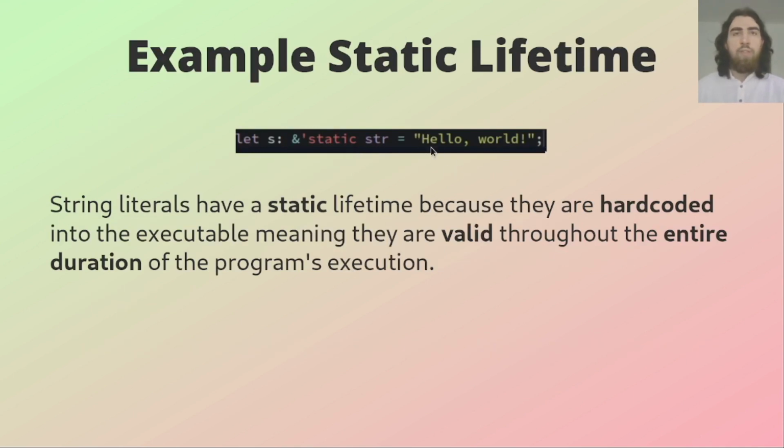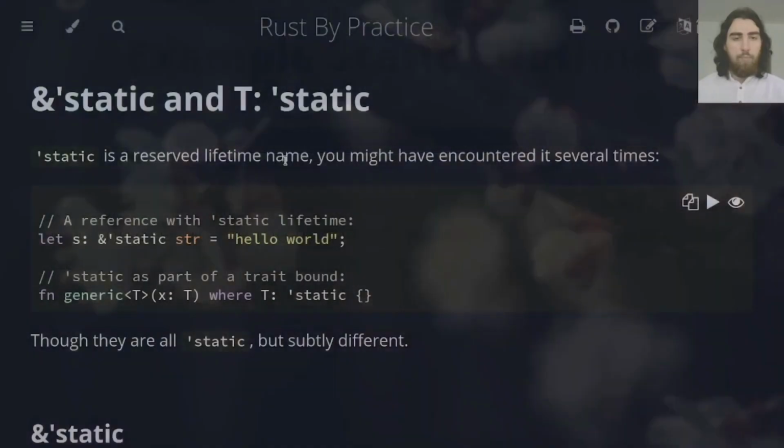So we have seen string literals and they are usually annotated using an ampersand and str, but implicitly it would have a static lifetime. So string literals have a static lifetime because they are hard-coded into the executable, meaning they are valid throughout the entire duration of the program's execution.